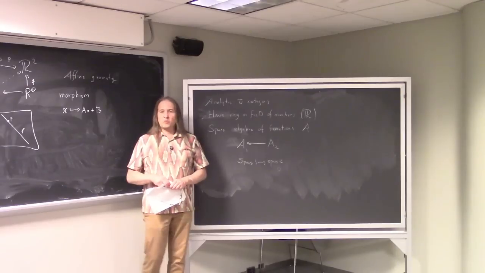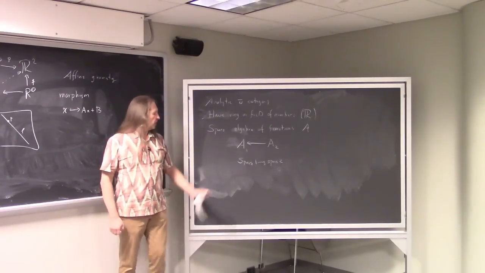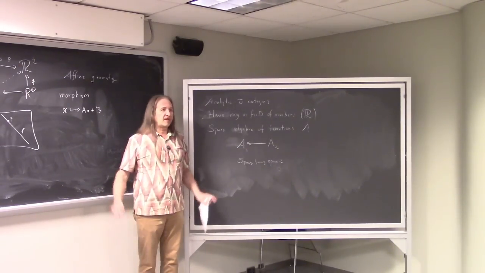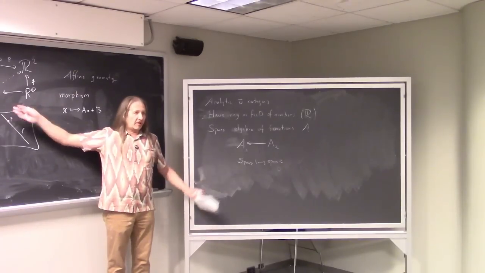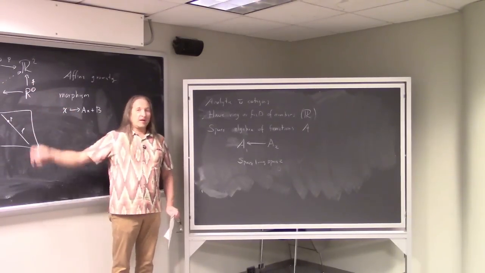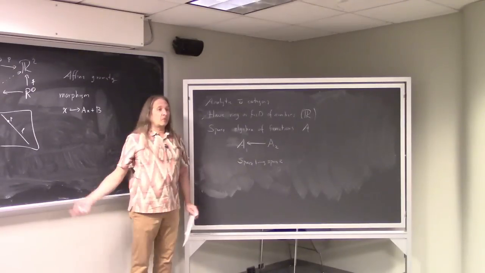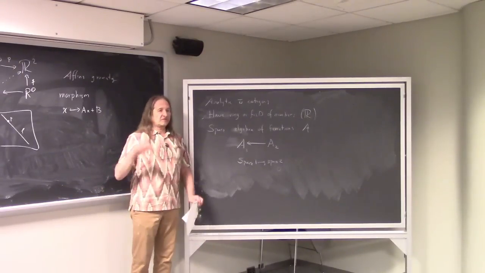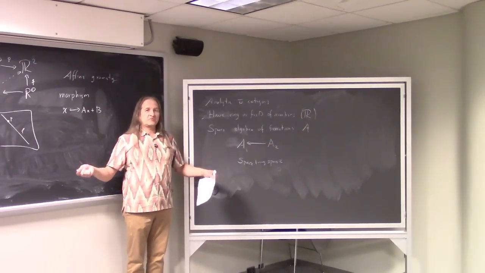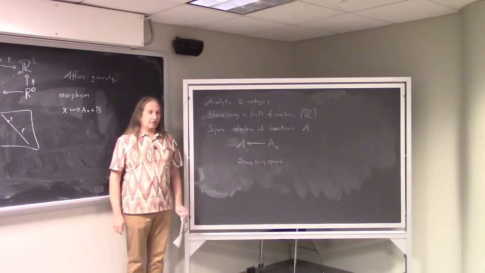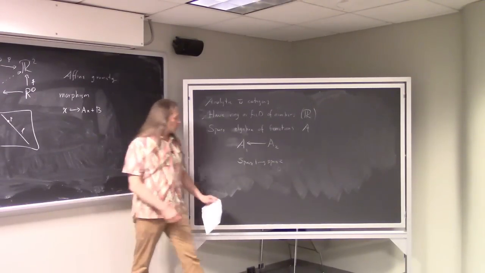Now you can ask, if I take geometries we know well, like Euclidean geometry, affine geometry, what type of rings do I get here? And it turns out for those classical ones, I get a very special kind of ring: rings that have no nilpotent elements.